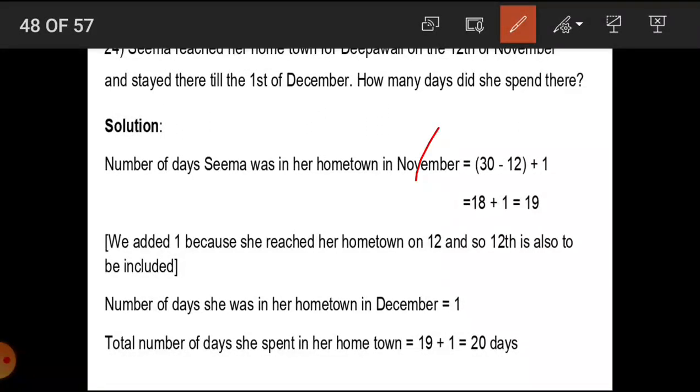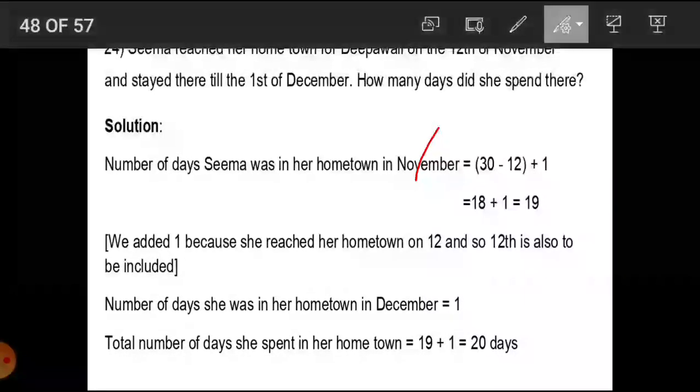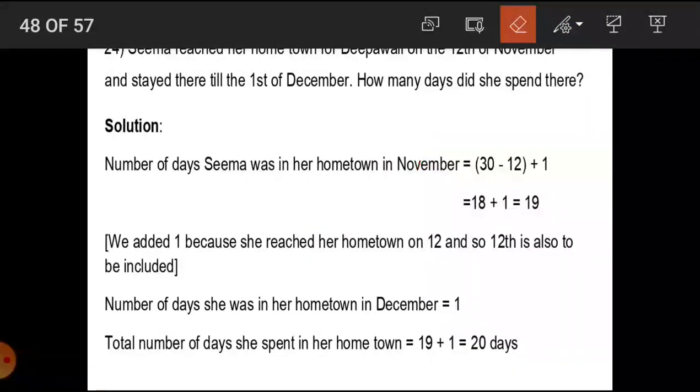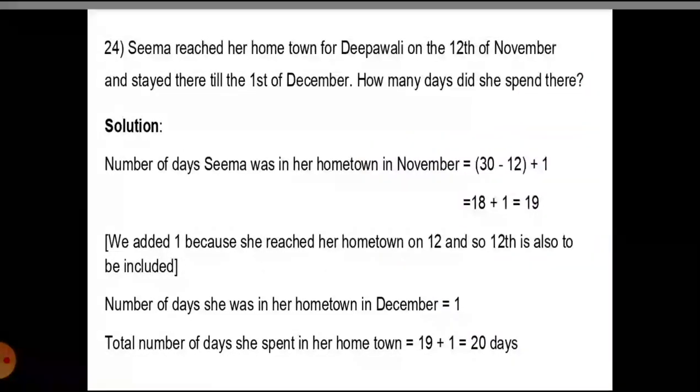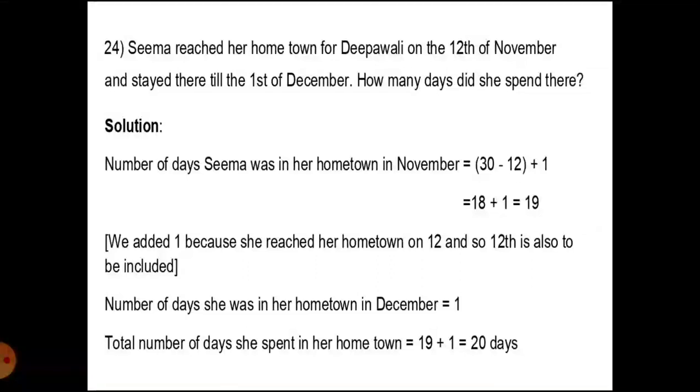Now next sum is: Seema reached her hometown. What is hometown, students? Hometown means you can say her native place or village. Yes, you all go to the hometown for festivals. Same way, Seema reached her hometown for Deepavali, the Diwali festival, on 12th of November and stayed there till 1st of December.